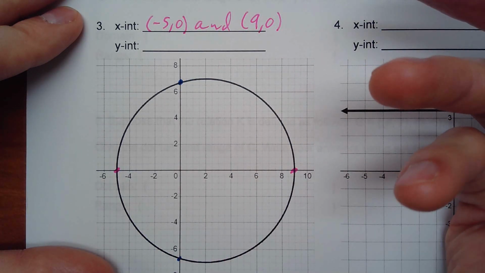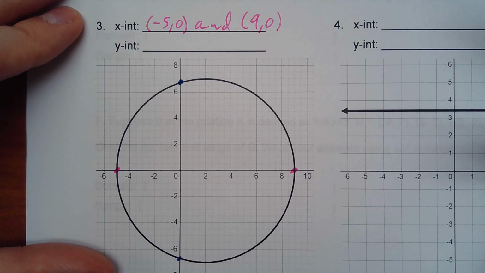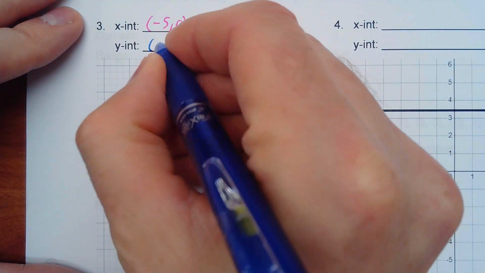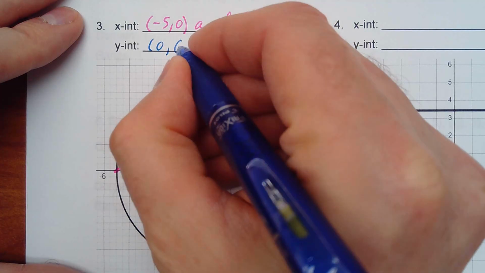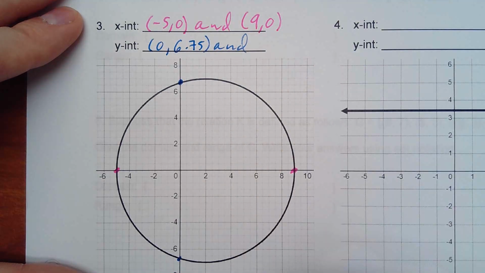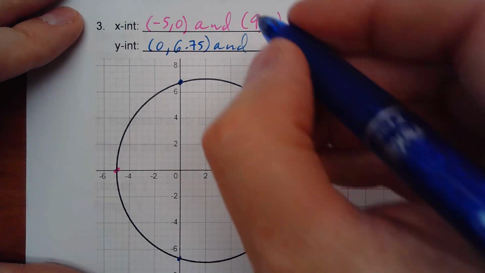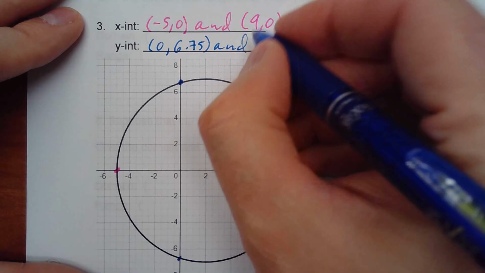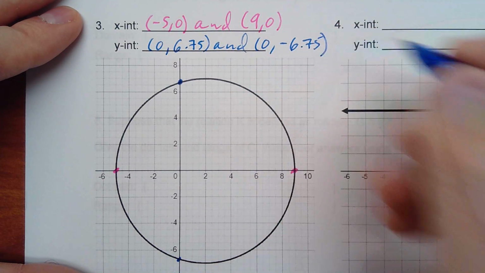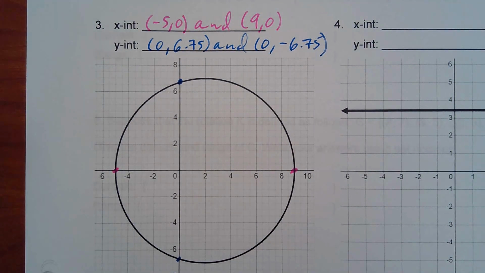So maybe 6.75. We're just kind of guesstimating here. And we have another down here, it's about the same thing, except it's going to be a negative 6.75. So we're just kind of guesstimating on those.